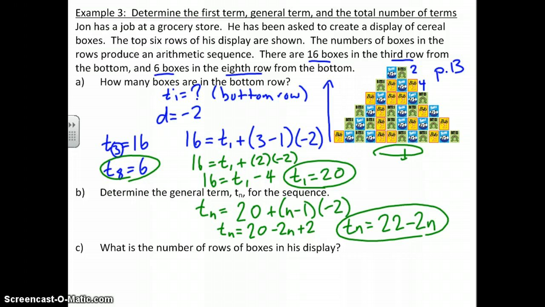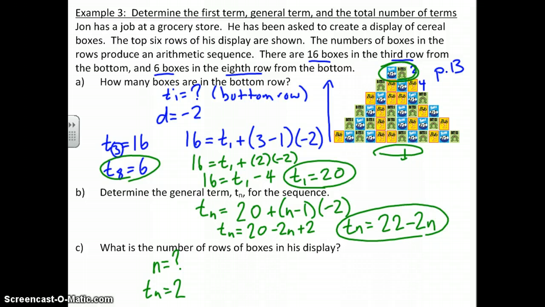And then part C, now we can use that. It says, what's the number of rows of boxes in his display? Basically what we're looking for is n. In the top row, what's our actual term? Our term is 2. So we know the last number in this sequence is 2.